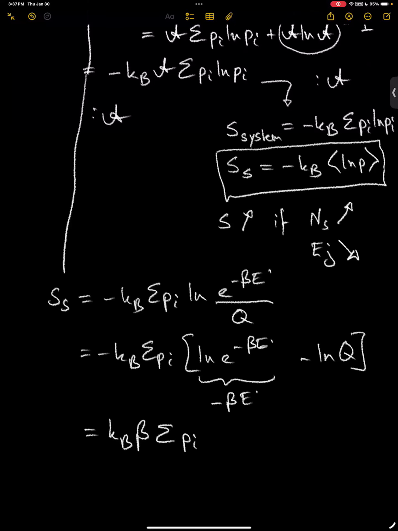So I'm using i now for my state, right, with the probability p_i, E_i plus kB sum p_i logarithm Q.